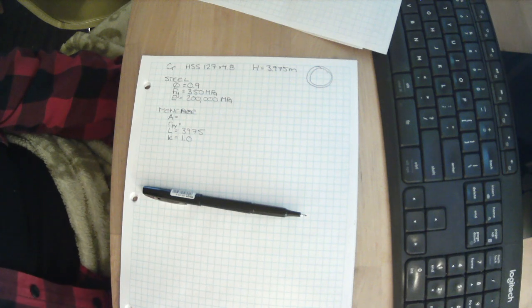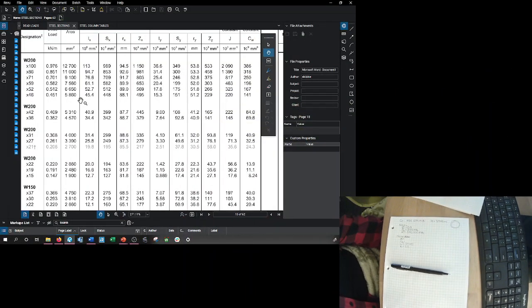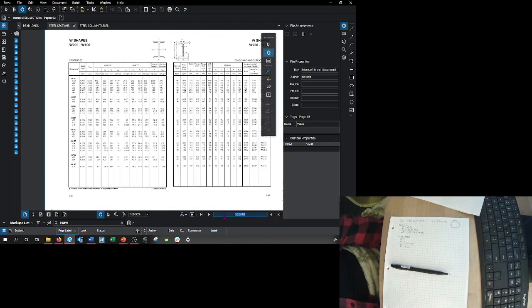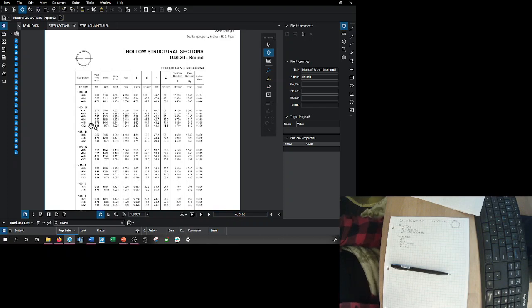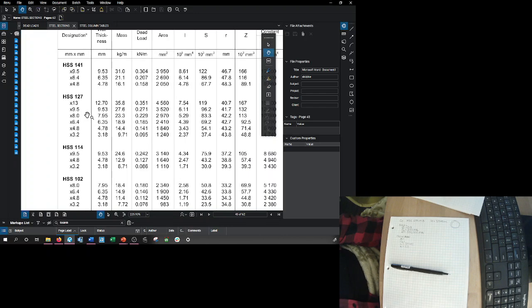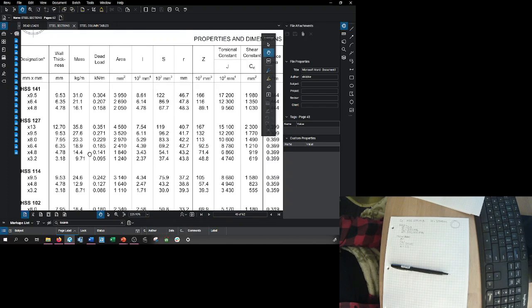So steel sections, let me pull down the screen here. So we want to get back to those round sections. All right. Oh, look at that. That was amazing. I just guessed at what page out of 62 this was on. So HSS 127 by 4.8. So it's the second bottom row in this category.